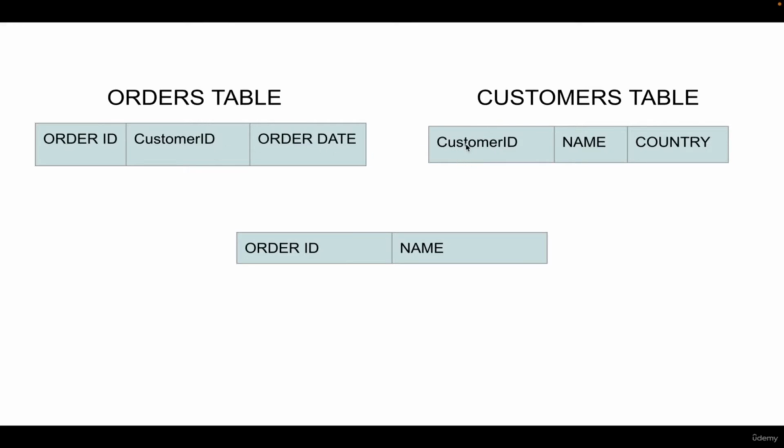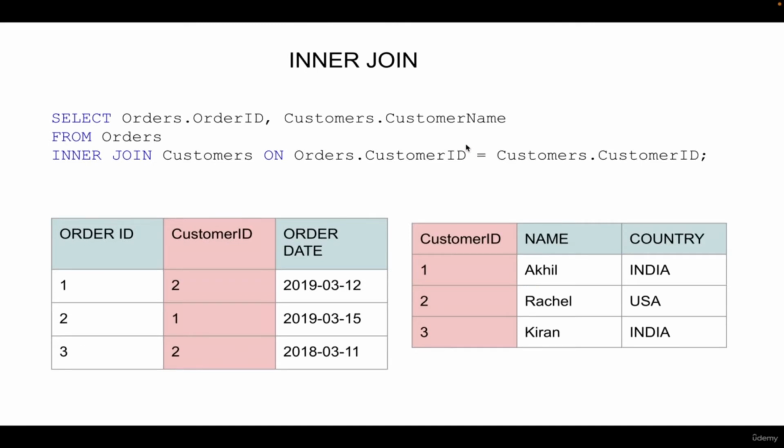So there is a SQL keyword called inner join. What an inner join does is, it selects all the rows from both the tables on a matching column. Here our matching column is the customer ID.